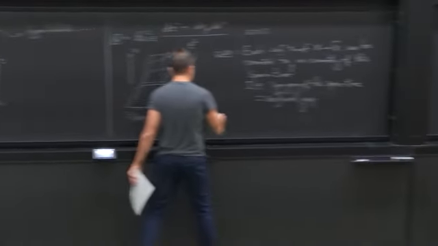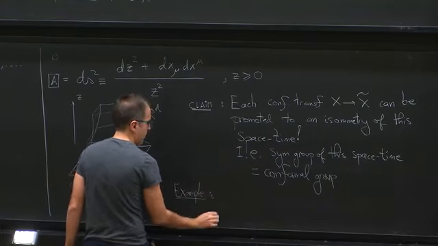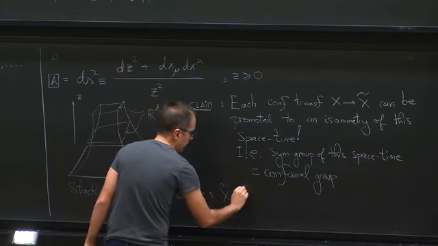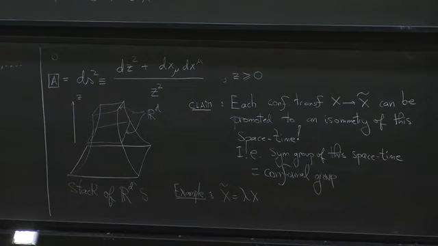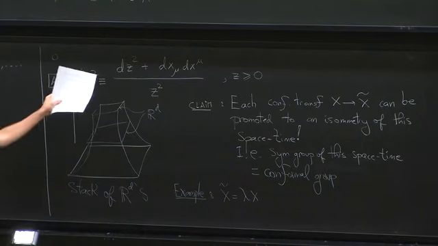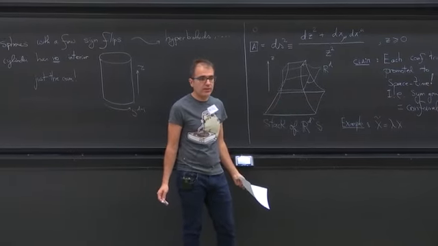So let's see how it works. Example: x tilde equals lambda x. This does not leave flat space invariant, right? This transforms flat space. How can I transform z such that this is really a symmetry of this spacetime?